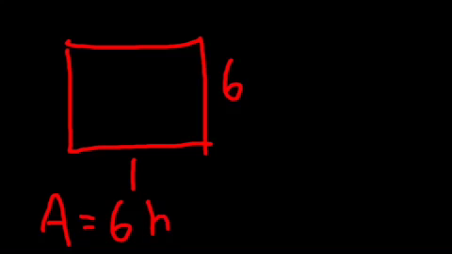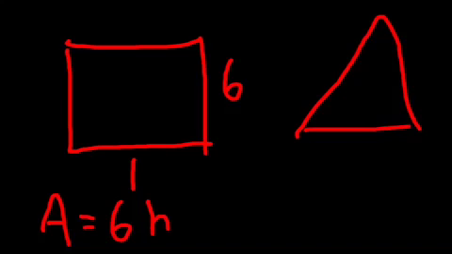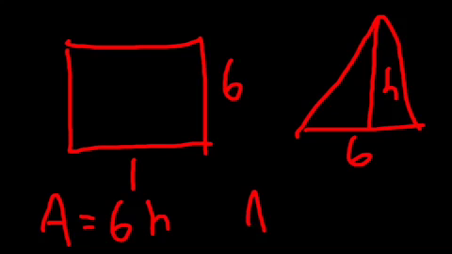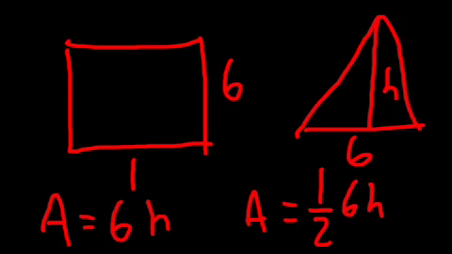So, that's quite easy. The next one is the triangle. When you know the base and the height, it's just A equals 1/2 BH. When you don't know the base and the height, but you do know two sides and an angle, you have to use a bit of trigonometry. But it's just really plugging in.